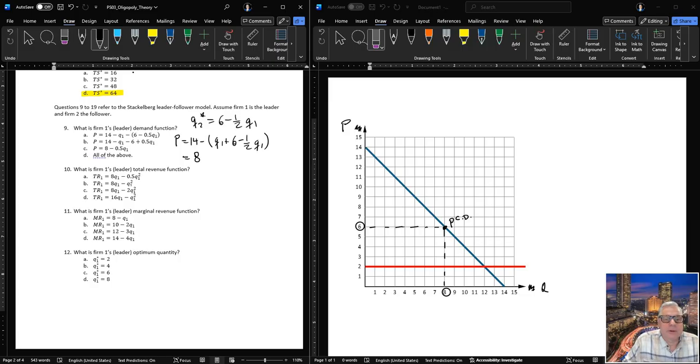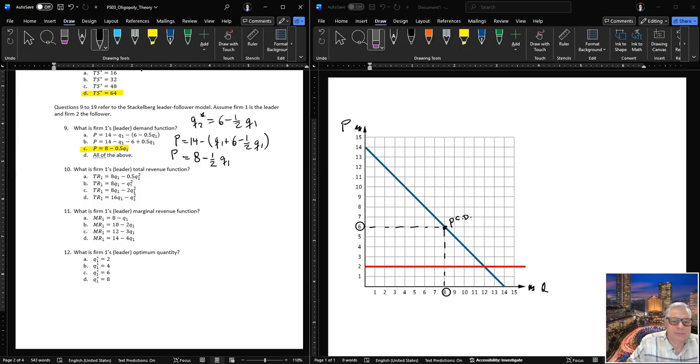And then we have here an entire Q1 and a half Q1, so minus 1/2 Q1. So again, 14 minus 6, 8 minus half a Q1. So 8 minus half Q1.